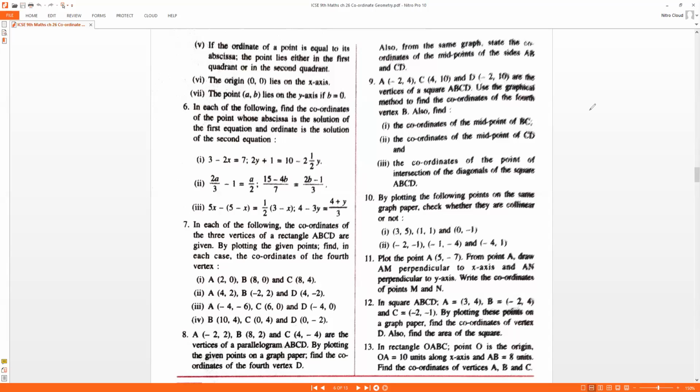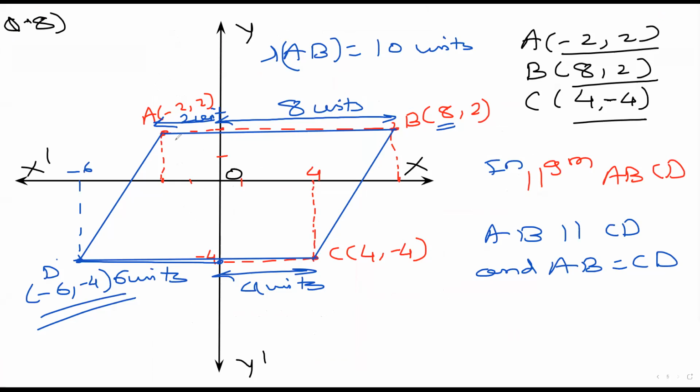Let's see question 9. Quickly, we have to solve it. State the coordinates of the midpoints of the sides AB and CD. So let's go back to the problem. AB is 10 units in total.